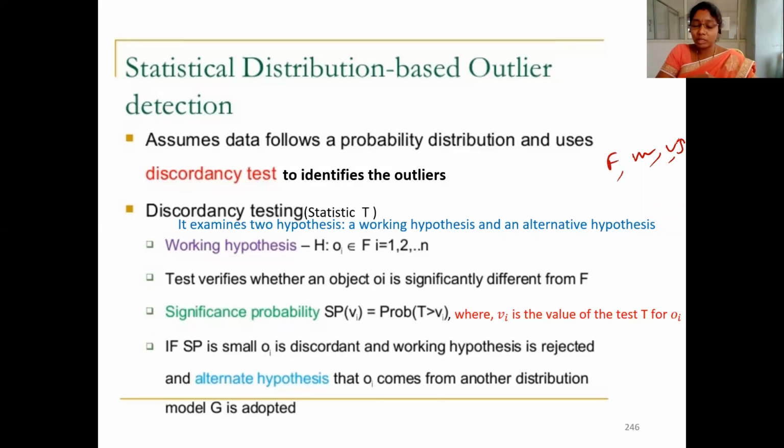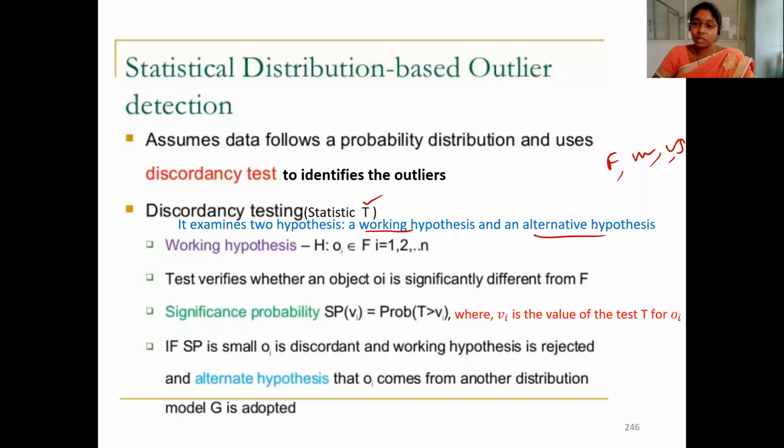In this method, it uses a discordancy test, which is any kind of statistical test, represented with T. It examines especially two kinds of hypotheses: a working hypothesis and an alternative hypothesis.